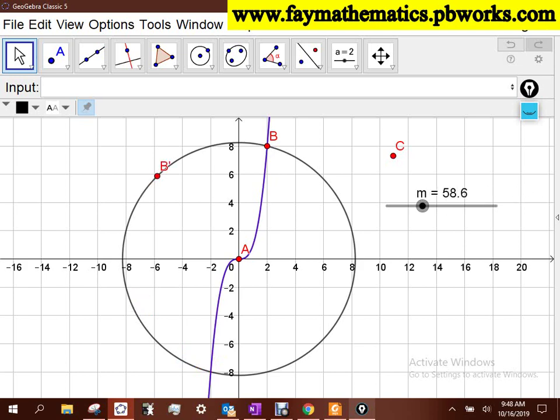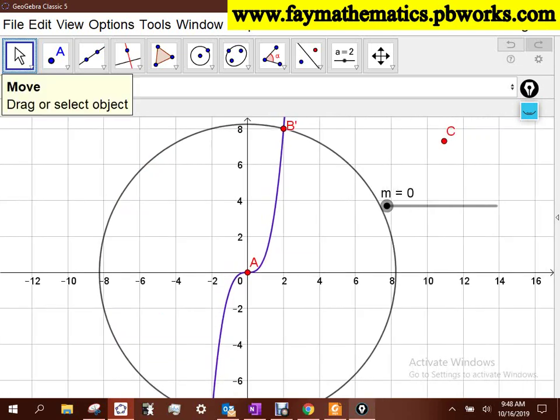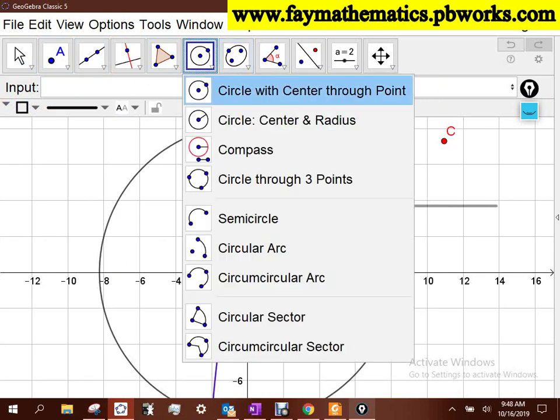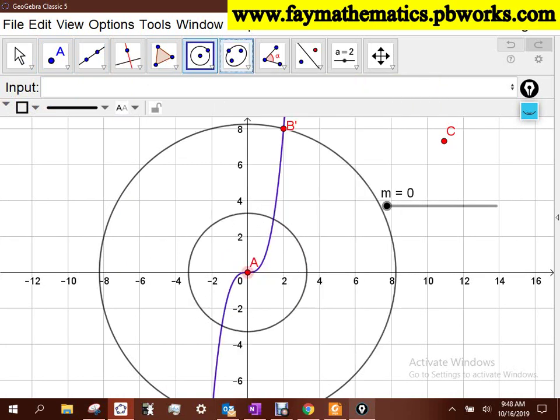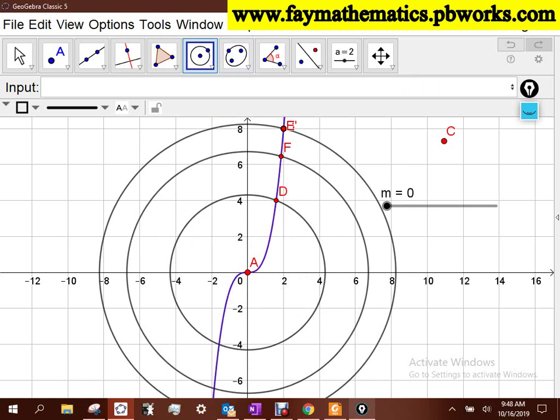Okay, we can do that with any of these points on here. So let me just create a couple different circles here real quick. Now, we don't necessarily have to see all of these circles or any of these circles if we don't want to.